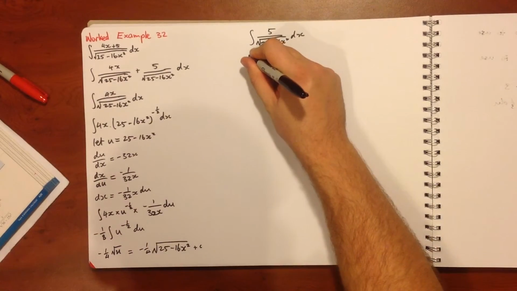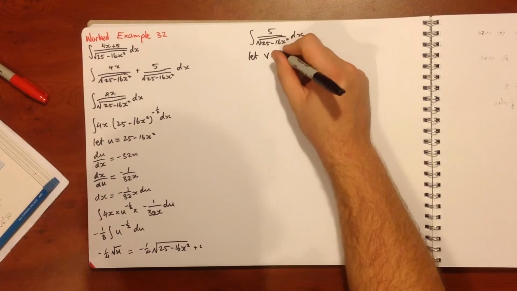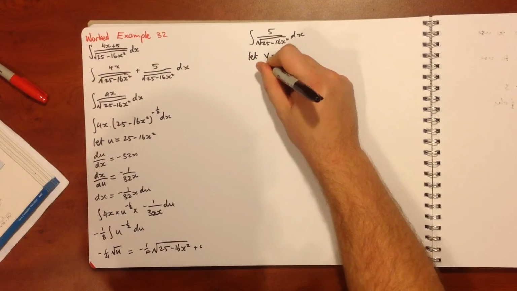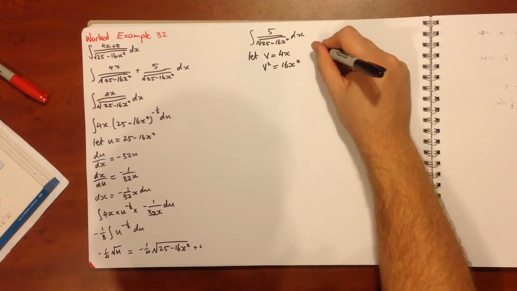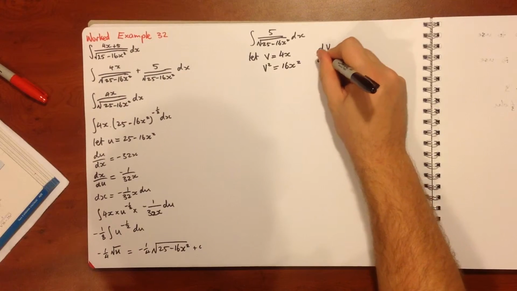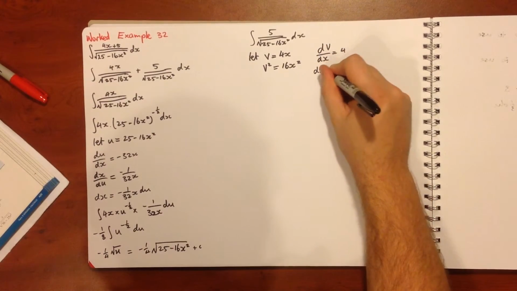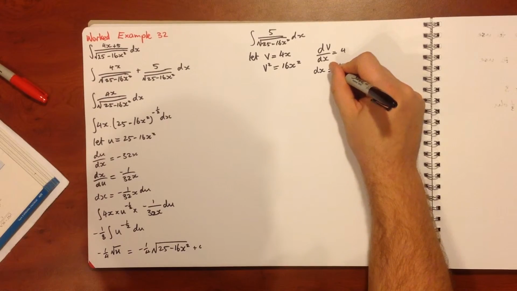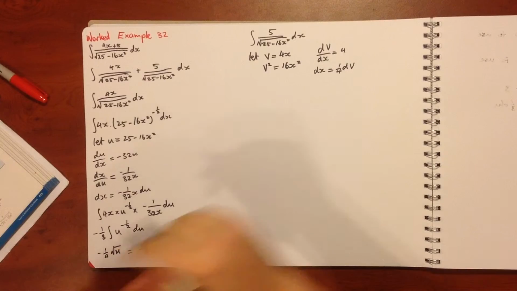So instead what we're going to do is say let v equal 4x, v squared equals 16x squared, and dv dx is going to equal 4, so that means that dx is going to equal 1 on 4 dv.